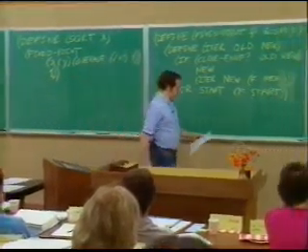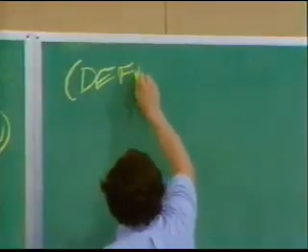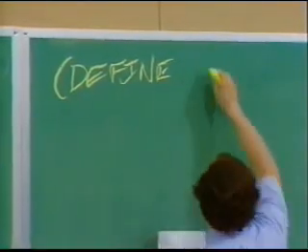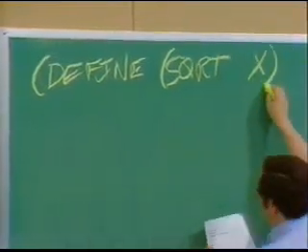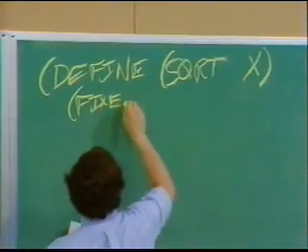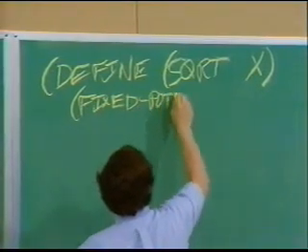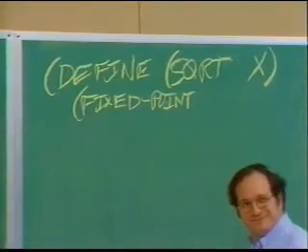Well, that's easy enough. I'm going to define the square root of x to be a fixed point of the procedure resulting from average damping.